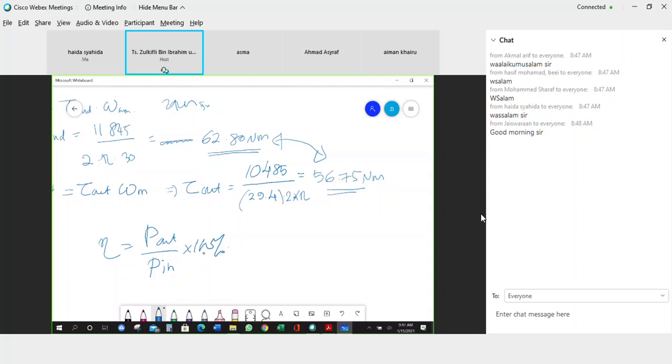So I think for the asynchronous part, for the induction machine, the most important part is you should understand the equivalent circuit. So where are the parameters? For example, especially on the rotor side, when the machine is moving, the final equivalent circuit will be like what?